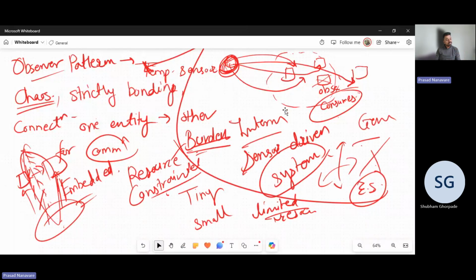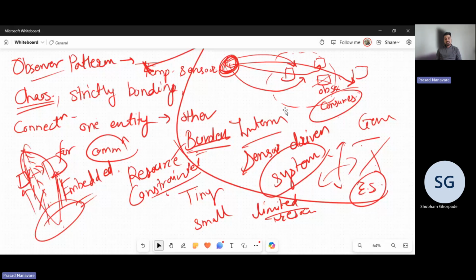This is one thing. Then implementation typically involves defining an observer interface with concrete observers that subscribe to the event or the notification. You know what an interface is, right? Yes, sir.